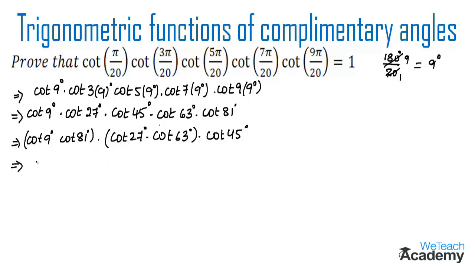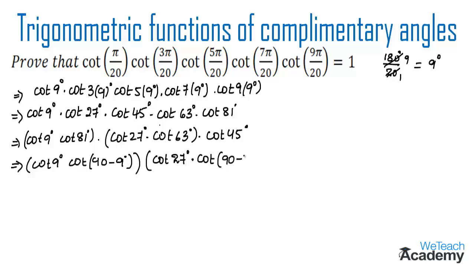Hence we can write cot 9 degrees, and cot 81 can be written as cot of 90 degrees minus 9 degrees, into cot 27 which remains the same, into cot 63, which can be written as cot of 90 degrees minus 27 degrees, into cot 45.